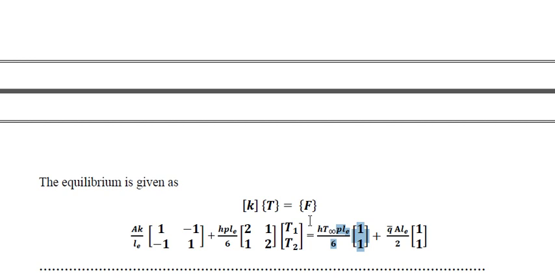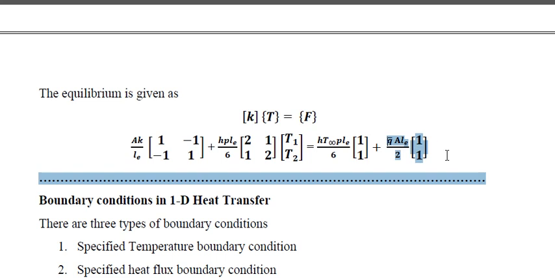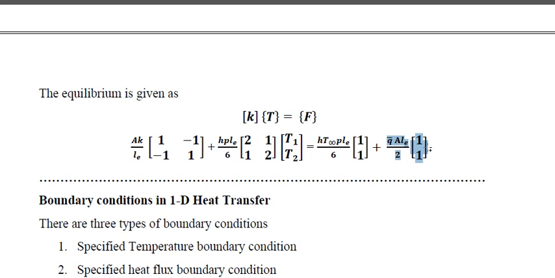This is the force vector due to surface convection, and the force vector due to internal heat generation, again with a bracket, t1 t2. This is the global conduction matrix with free surface convection. If internal heat generation is not asked, no need to write this. So internal heat generation affects only the force vector.